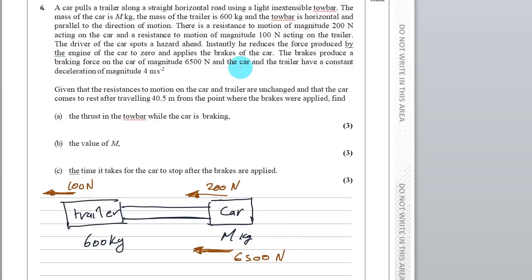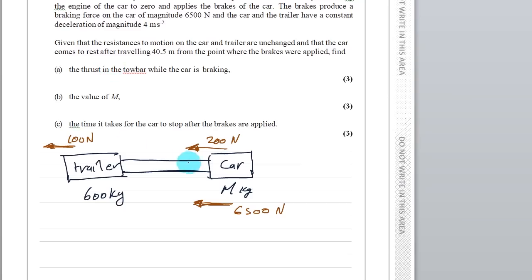And the car and the trailer have constant deceleration of magnitude, so we have acceleration A equal to minus 4 meters per second squared.